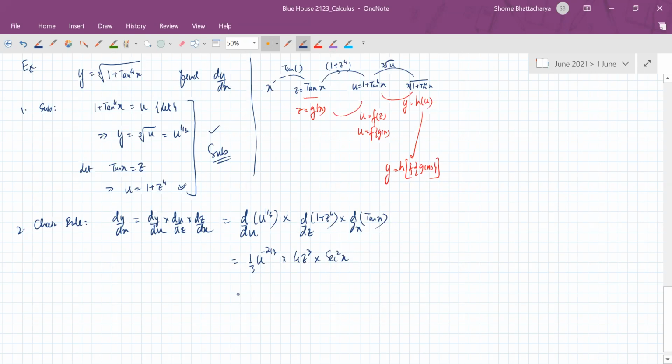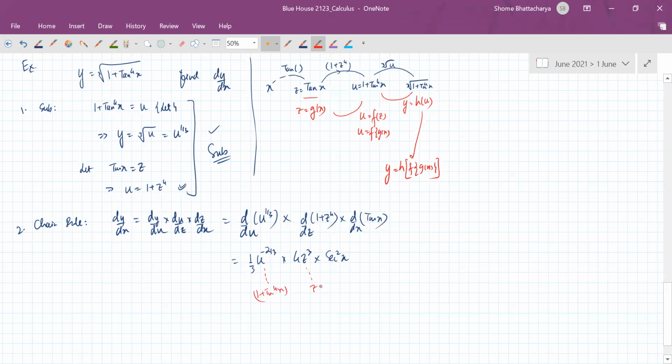And then we have to resubstitute. Z was tan x and u was 1 plus tan to the power 4x.